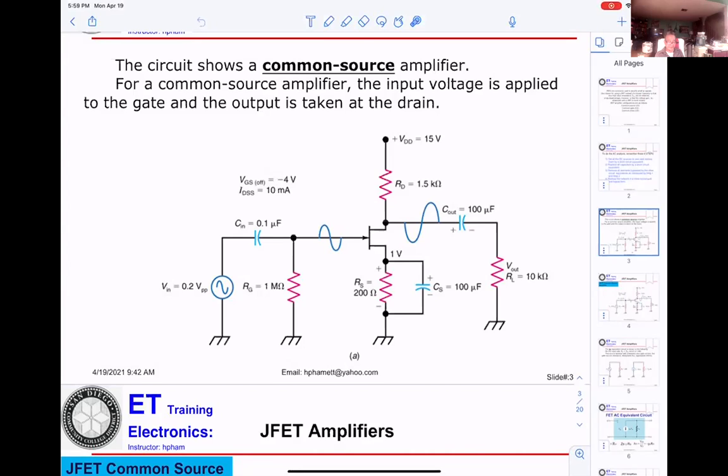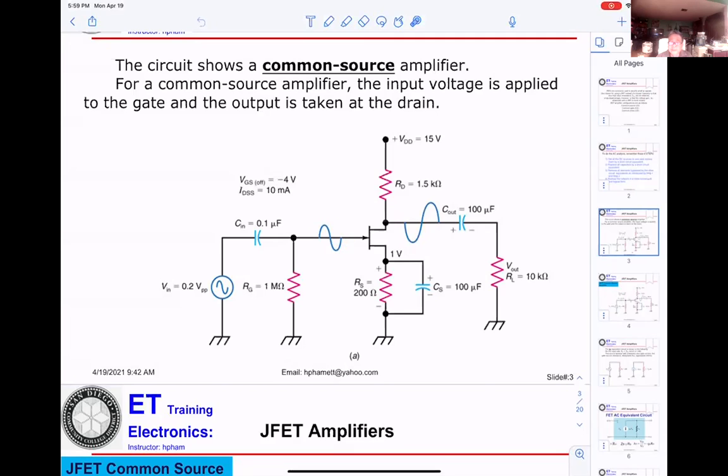The second thing: for the common source, the sideway input will be applied to the gate, and the output will be coming out from the drain. Also you can recognize that when the input goes up, the output goes down; when the input goes down, the output goes up.